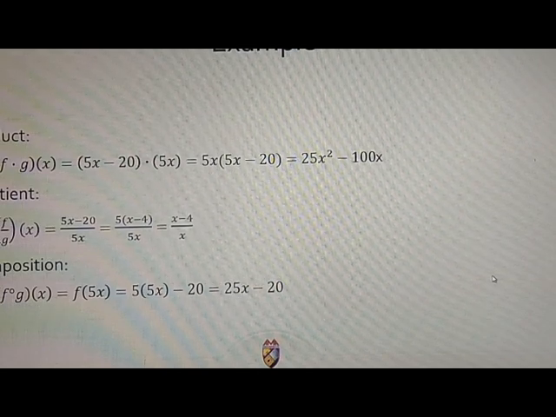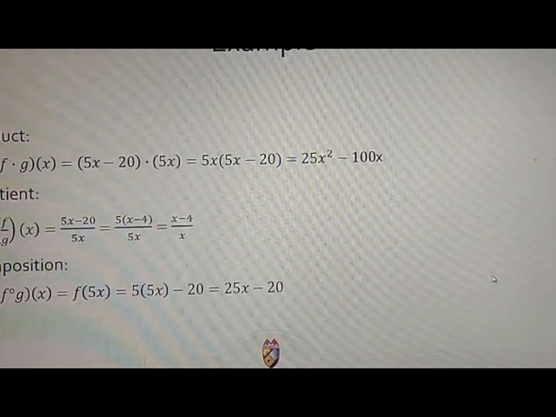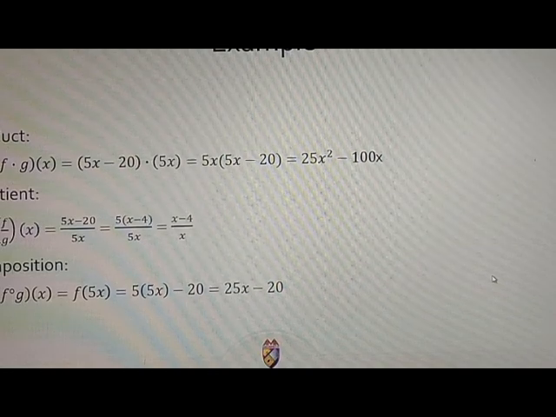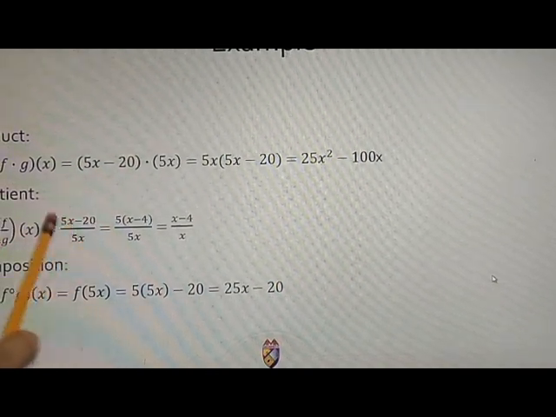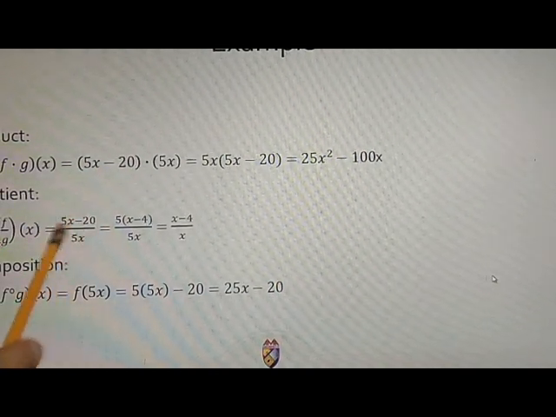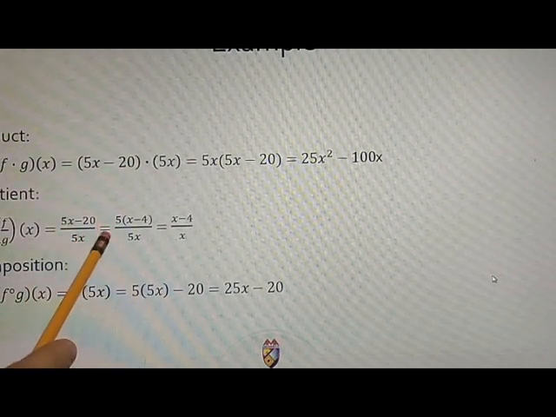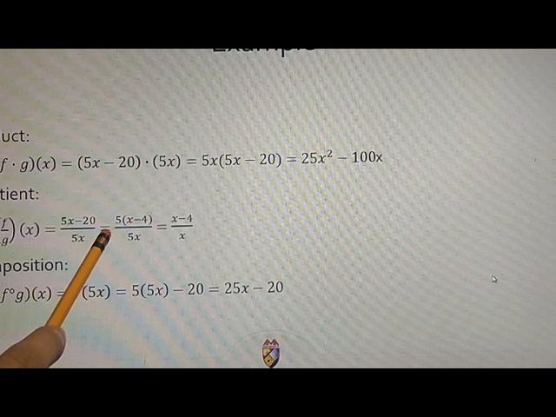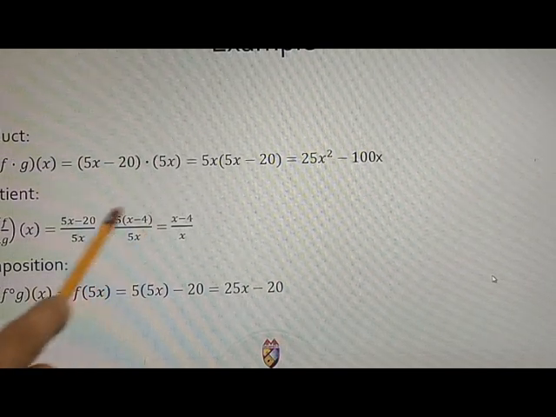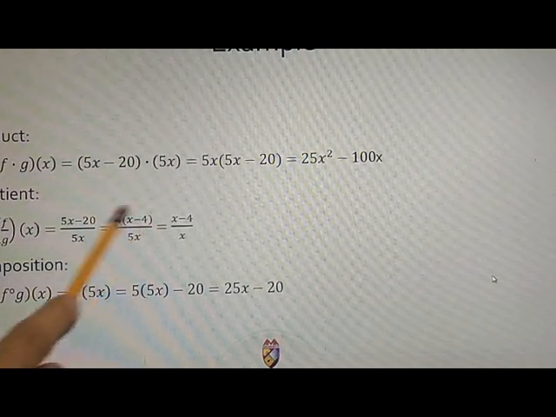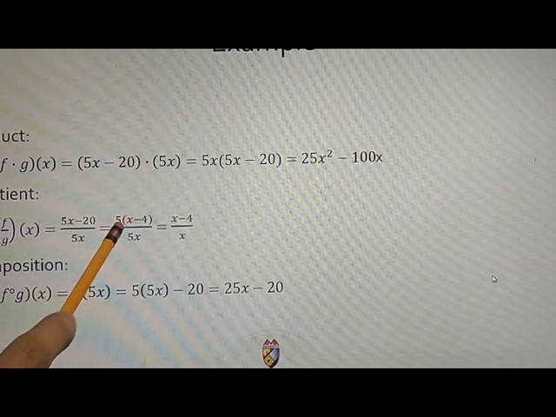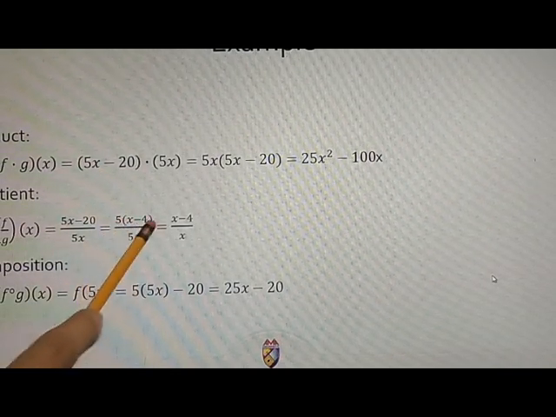Quotient, we have f over g of x. So we have here the value of f of x as the numerator and g of x as denominator. So we have 5x minus 20 over 5x. So, that is equal to, through factoring, so nagkaroon tayo ng value na ito. Okay? So, si 5 nilabas natin sa term na ito.